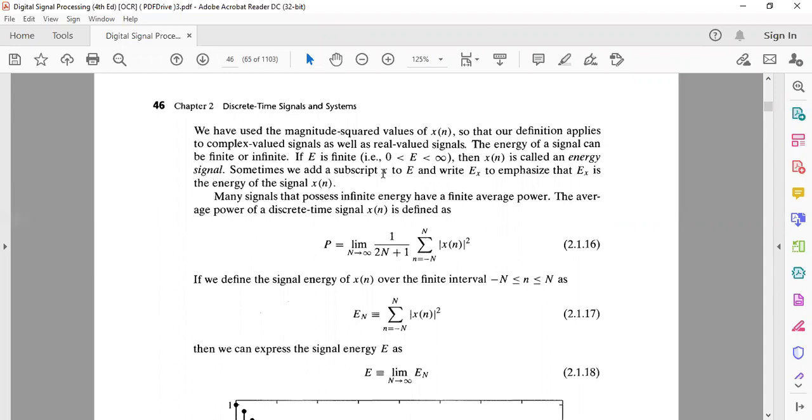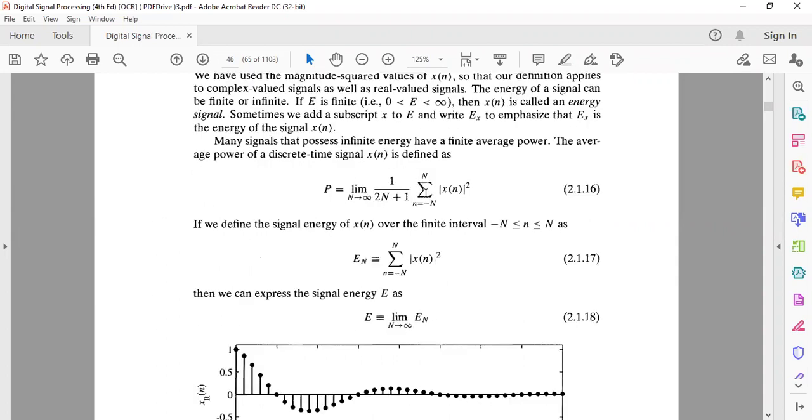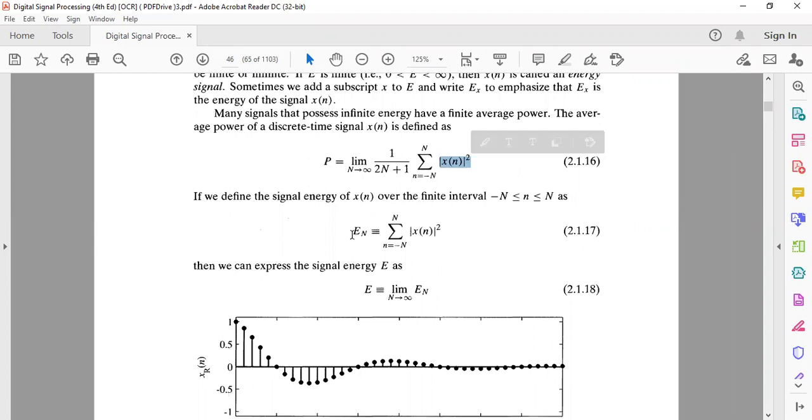Sometimes we add the subscript x to E and write Ex to emphasize that Ex is the energy of the signal x[n]. All the same, we are taking the square of the values in the sequence to get the energy.